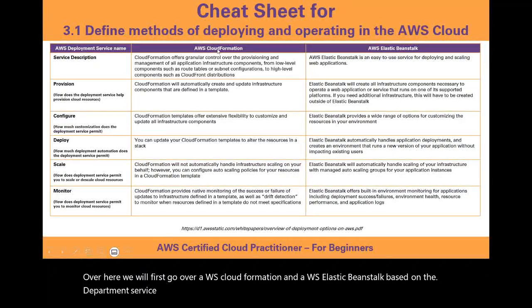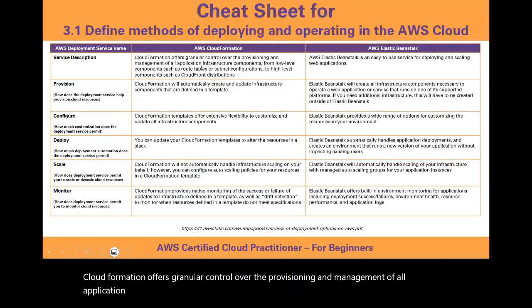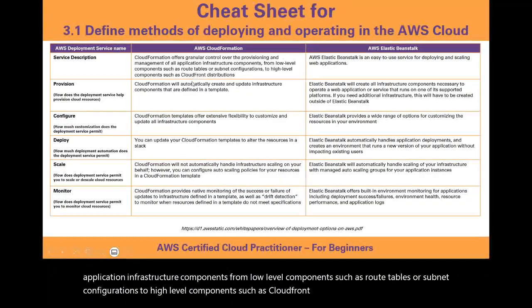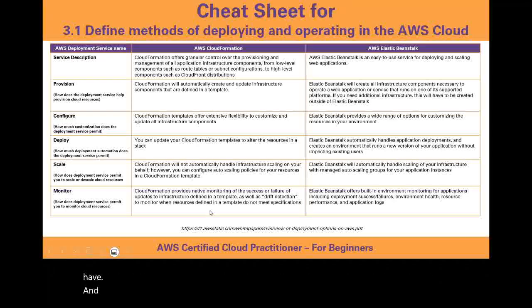First of all, what is AWS CloudFormation? CloudFormation offers granular control over the provisioning and management of all application infrastructure components, from low-level components such as route tables or subnet configurations to high-level components such as CloudFront distributions. For the purpose of the AWS Cloud Practitioner exam, it will be just important for you to have an overall knowledge of these aspects, but you do not need to memorize them.